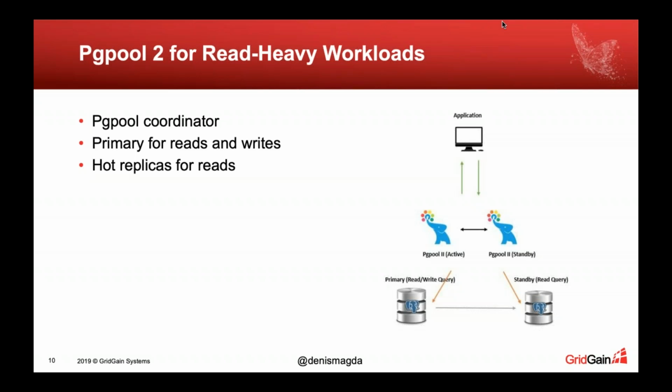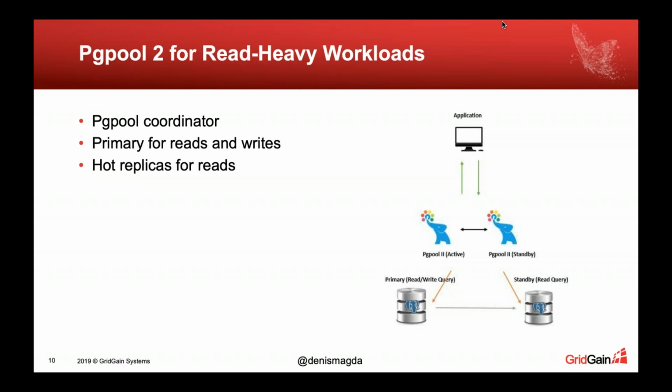The first one is the Pgpool-II component, which is a pretty good solution for read-heavy workloads. If you take a look at this architecture, you'll see that the primary components are for sure your application that would like to get data from this relational database. Also, we have the Pgpool-II coordinator. You can have a replica of the same coordinator to enforce high availability and failover.